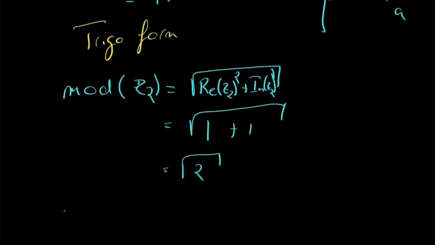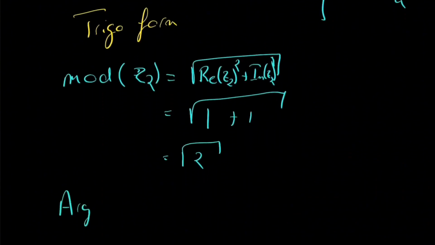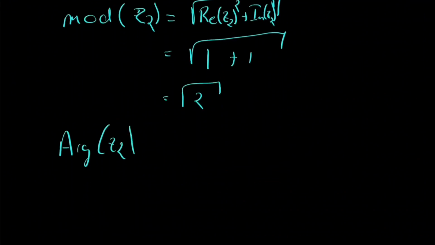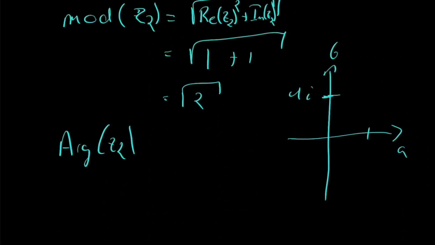Now, let's try to find the argument of z2. So, when written in the complex plane, so now we're going to do this scale. We've got one i here, so one here, we got one here, and so we've got our number z2 here, and the argument will be this angle.